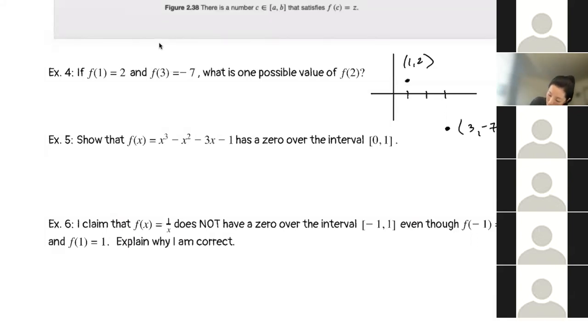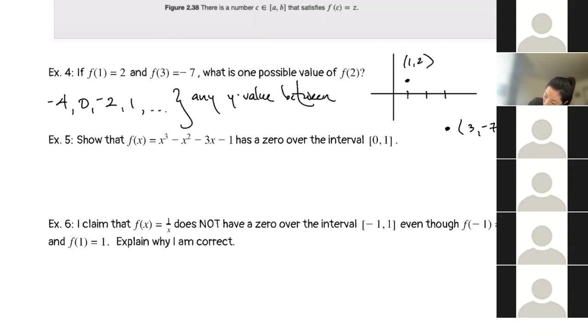All right, let's write these down. We've got -4 is a possible value. 0 is a possible value. -2 is a possible value. Very good. Now the pattern here, I think Sophia did a great job highlighting, is basically any y value between -7 and 2 will actually make this true.